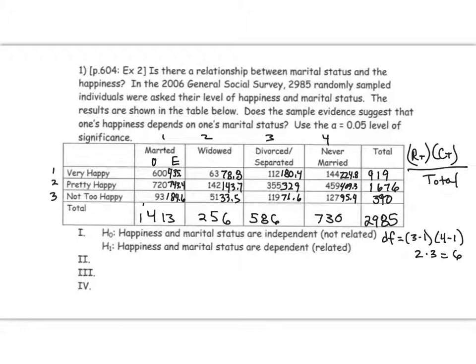Now I can look up my chi-square test statistic. I am given an alpha of 0.05. So with 6 degrees of freedom and an alpha of 0.05, I get a value of 12.592.